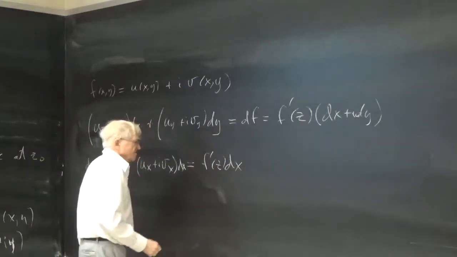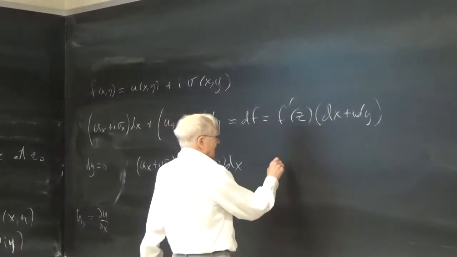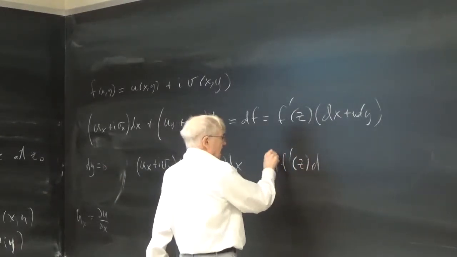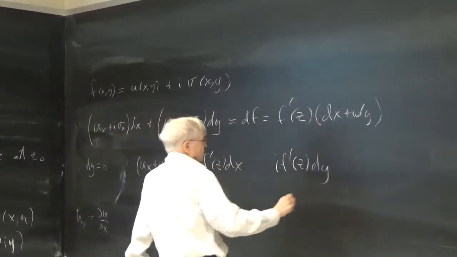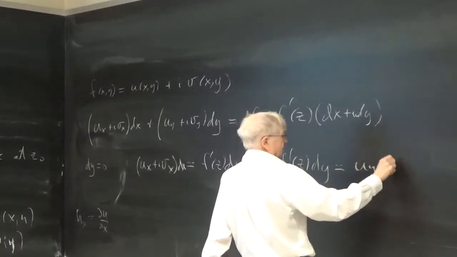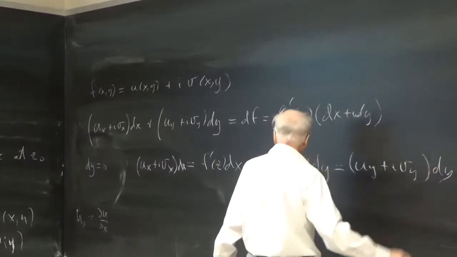We get that equation. Then the other equation we get is that f prime of z i dy is the case where dx is equal to 0, so that's u sub y plus i v sub y dy.